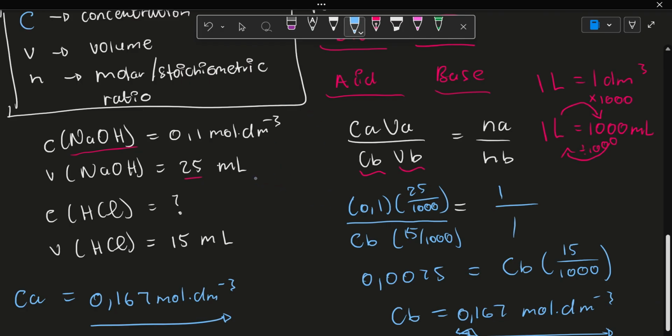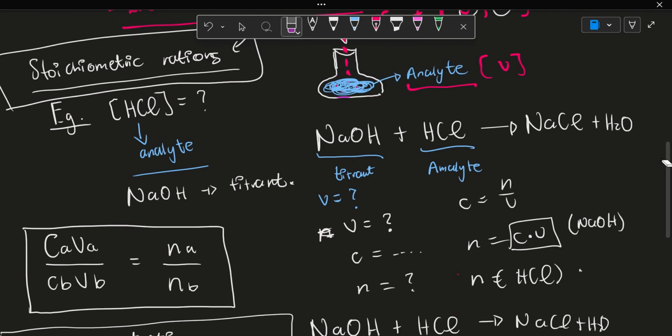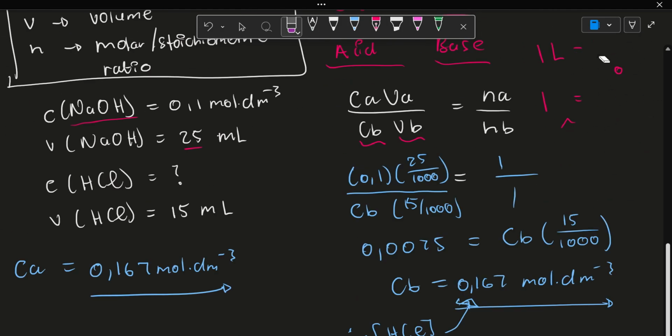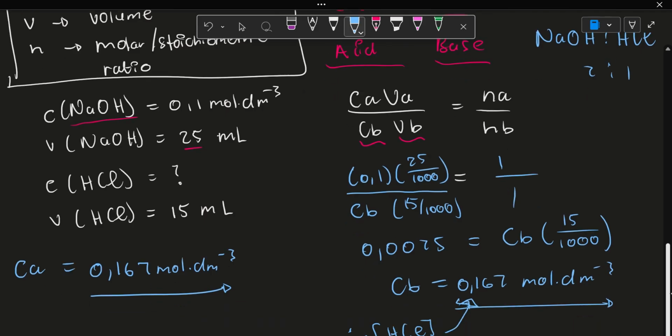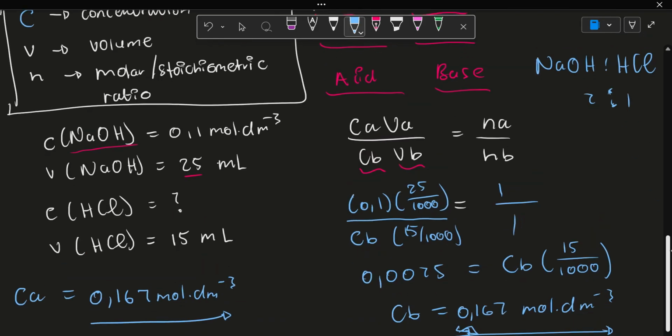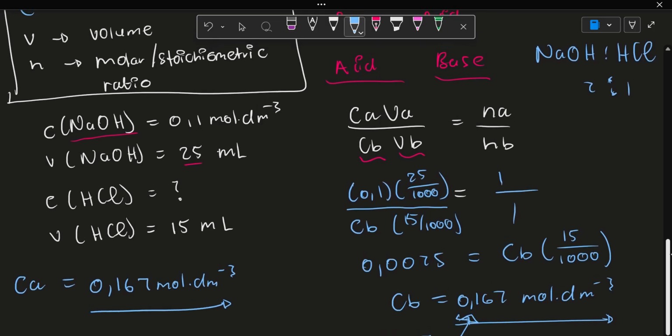Say, for example, just a hypothetical thing, let's just say that these two were at a 2:1 ratio. If you have sodium hydroxide and HCl, you can never get that. But let's just say it had. So let's say for every sodium hydroxide to HCl, you had a ratio of 2:1, right? I shouldn't have used the word never when I made an example.